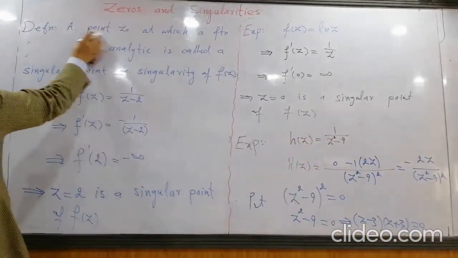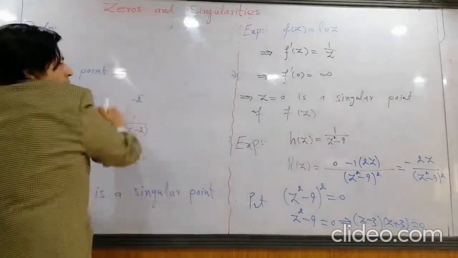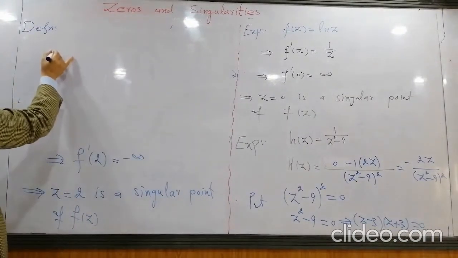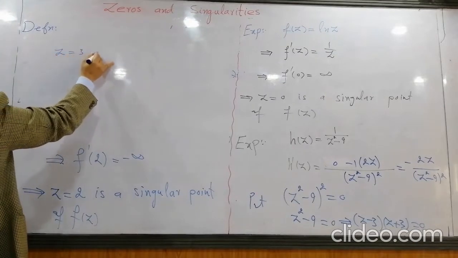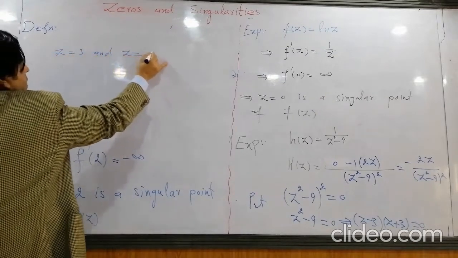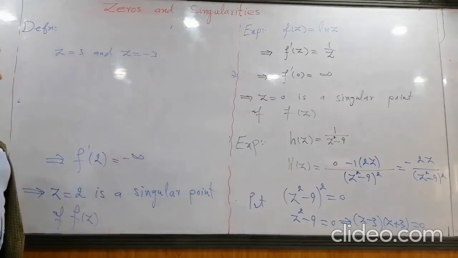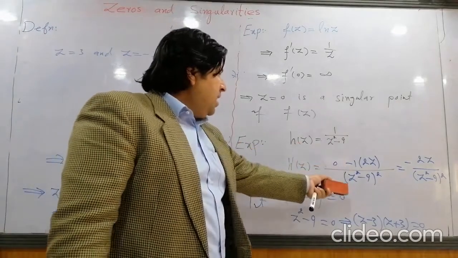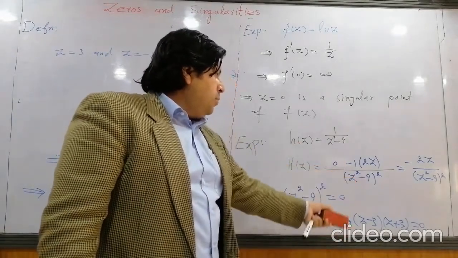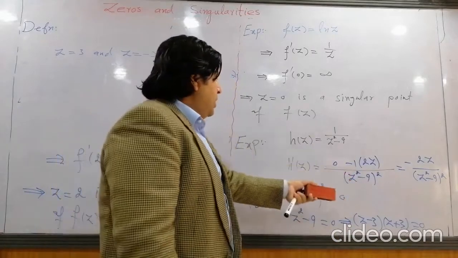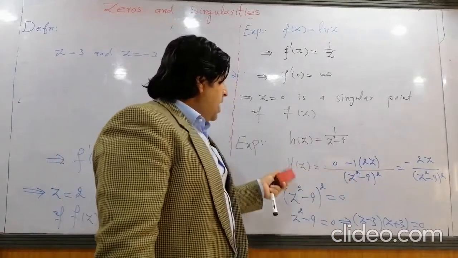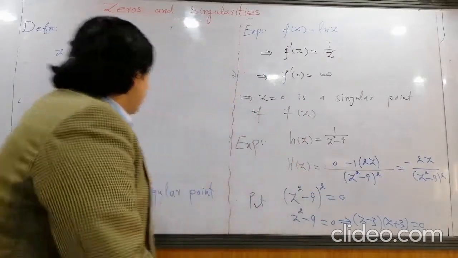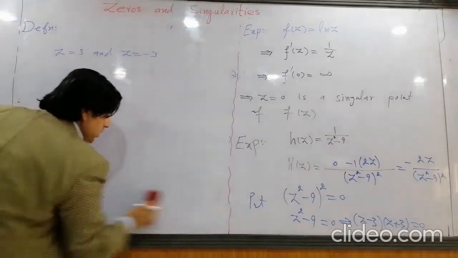If we further simplify this, we will get 2 points, z is equal to 3 and z is equal to minus 3, and these 2 points are the singular points for this function. If you put 3 here, you will get infinity. If you put minus 3 here, again you will get infinity. So this function is not differentiable at these 2 points.